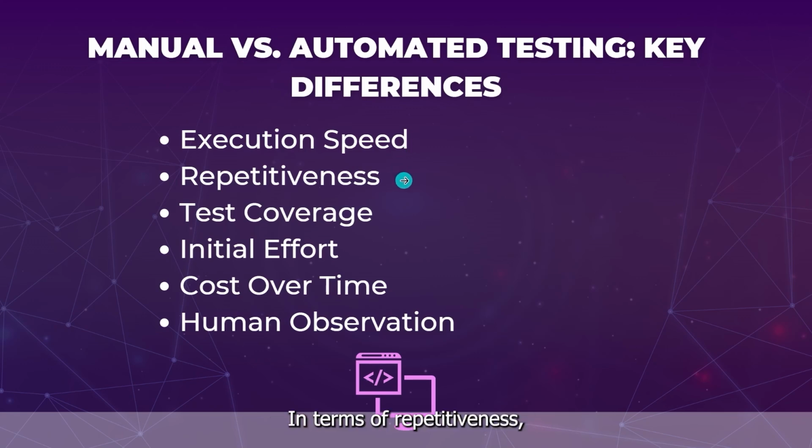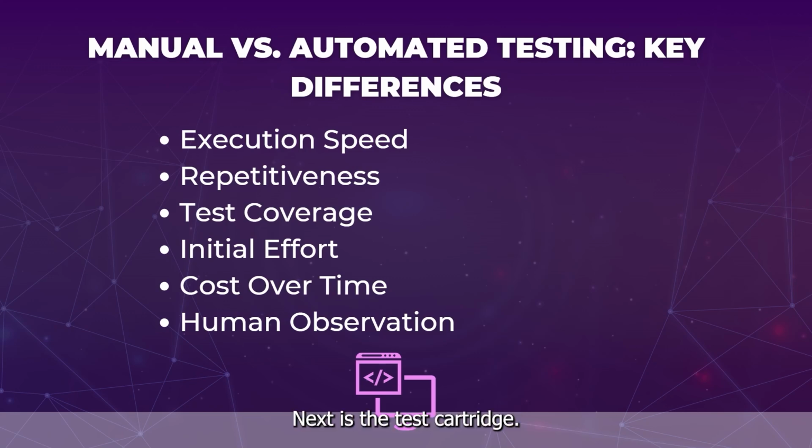In terms of repetitiveness, a human can make errors doing repetitive tasks, but scripts won't be as error prone since they find elements using time delays or wait times. So they will wait for a certain element to appear before they click it.